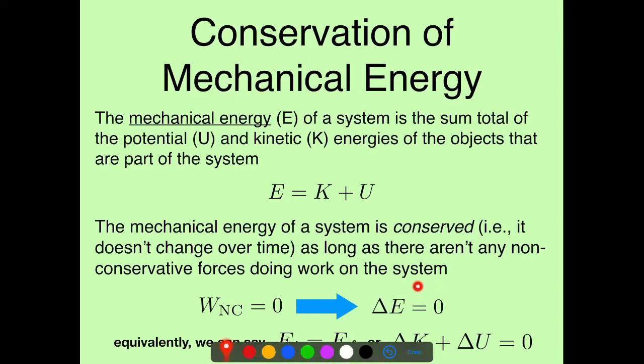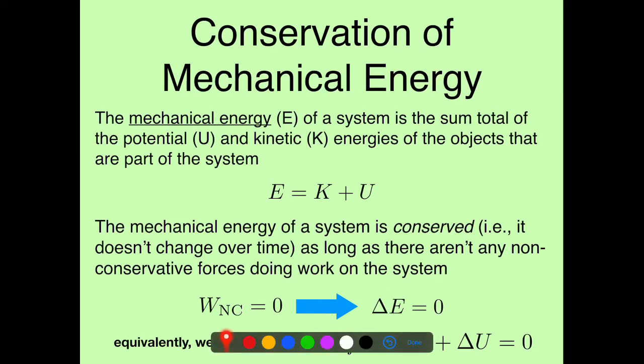These are all different ways of saying the same thing. Mechanical energy is conserved. And it's going to be true as long as there aren't any non-conservative forces, like friction or air resistance, doing work on the system.